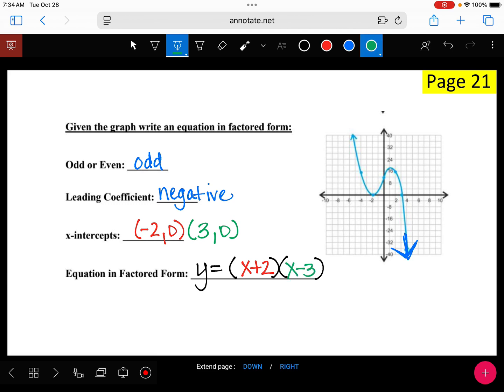Now notice that at the -2, do you see how this is a parabola? So it doesn't go through at -2. So the -2, the x plus 2 factor, we have to put a square on that factor.